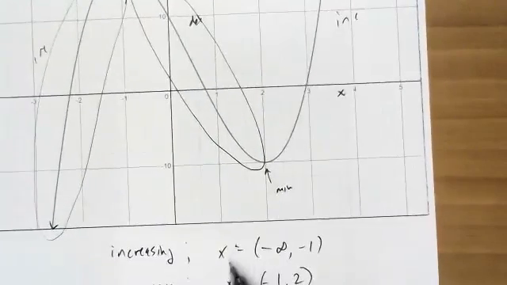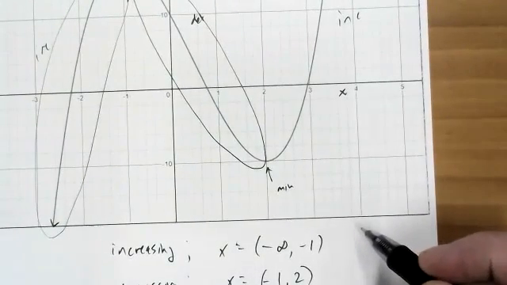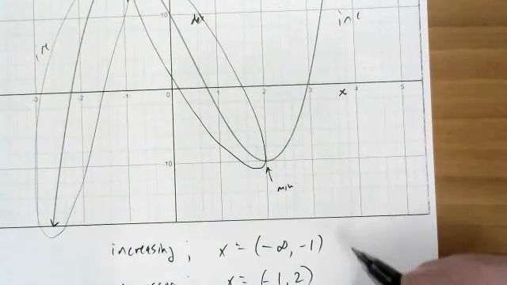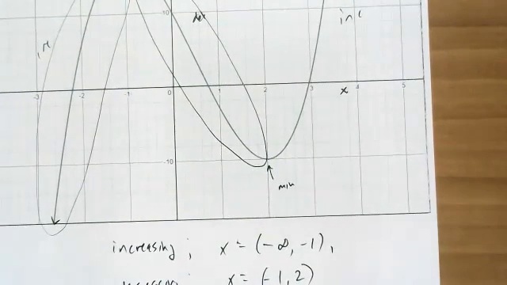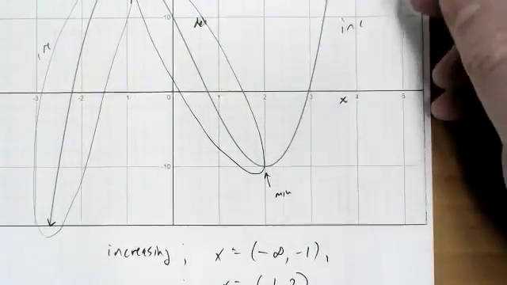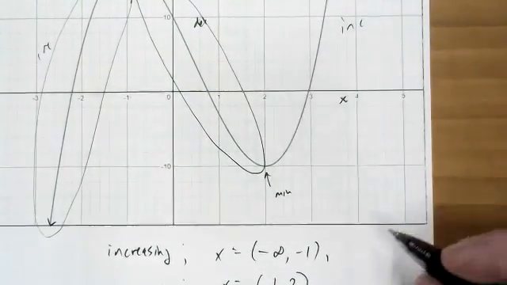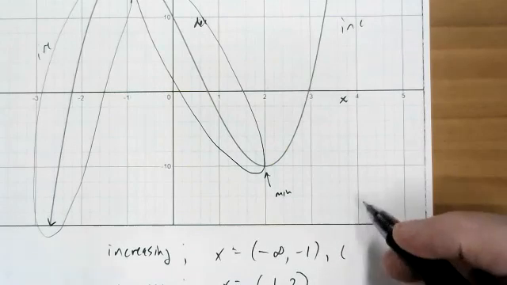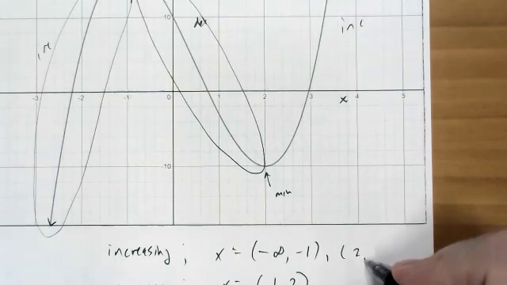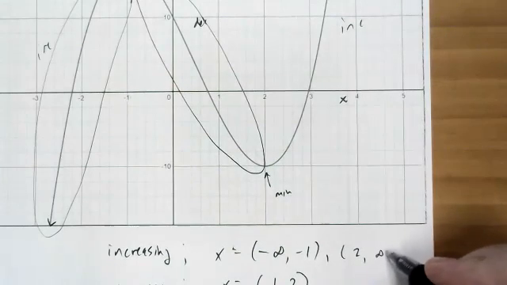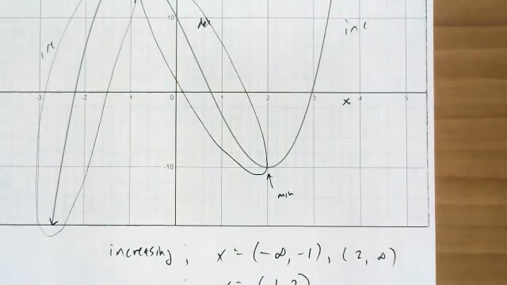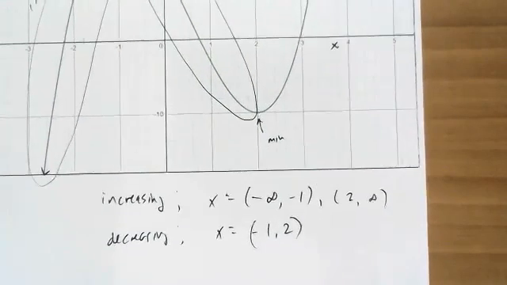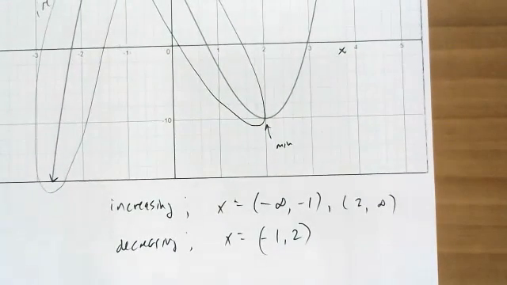So I go up here to my increasing. Now, sometimes people want to put a union, which is fine. Sometimes you can just list them. So you put a comma, and now you write down this interval. This interval starts at 2 and goes to infinity. All right. So I hope that's clear, the idea about functions increasing or decreasing.